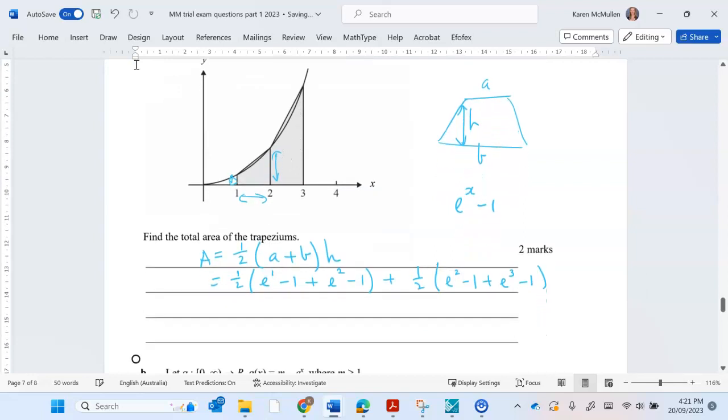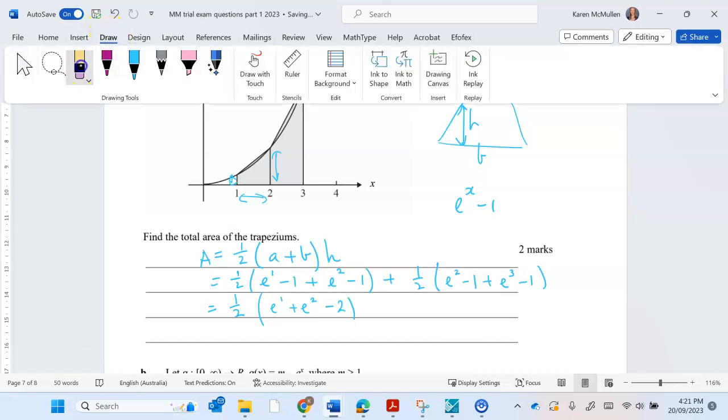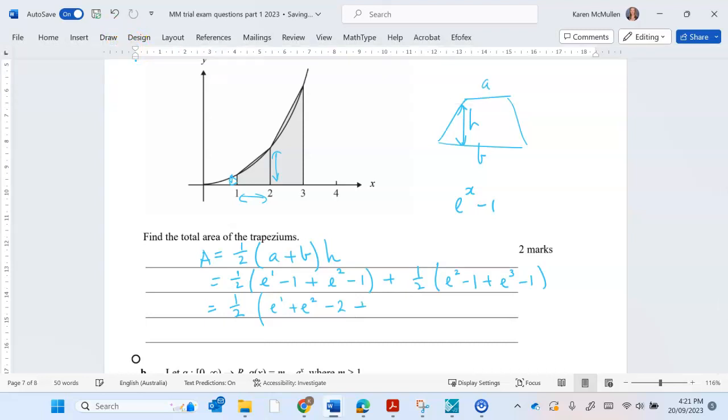And we just now have to tidy things up. So we look for common factors. The half is common to both. Let's open that up. We've got e to the power of 1 plus e to the power of 2 minus 2, plus e to the power of 2 plus e to the power of 3 minus 3.